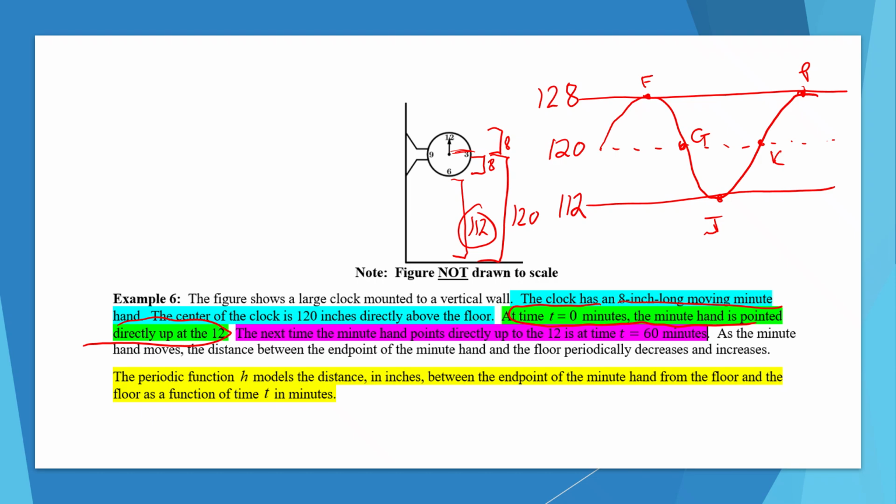How far away is the end point of our minute hand to the floor? That's going to be at the maximum value. So I would label this as 0 in terms of our x values, right? So if you were labeling your x values, this would be 0. And then because we also know the period is 60, this should be 60 there for P.